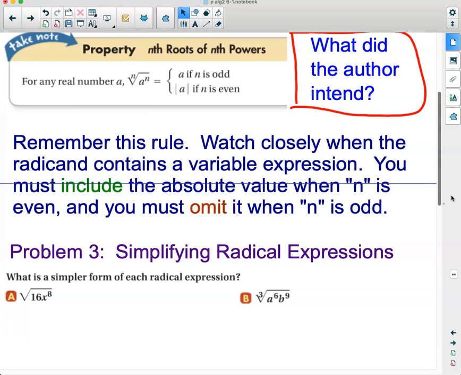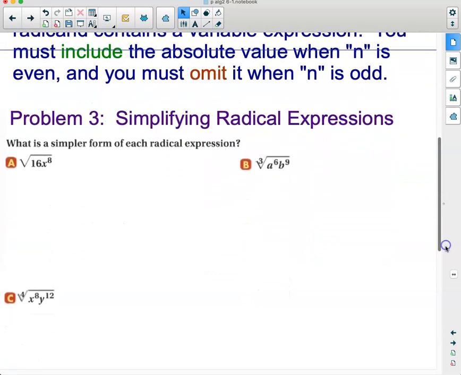I'm going to talk you through this process, and then we'll write down something that a lot of students just memorize for this particular unit, for the absolute value part.